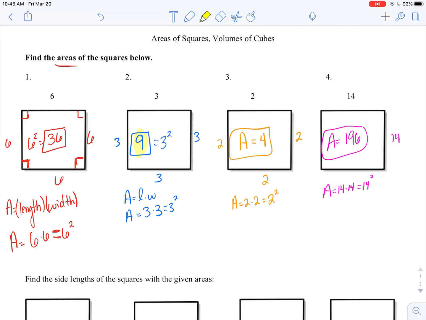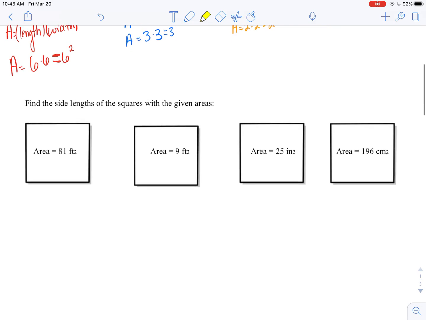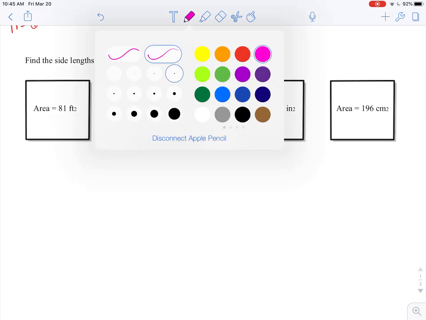So to find the area, we squared our number. We squared the side length. So finding the area, we squared the number.